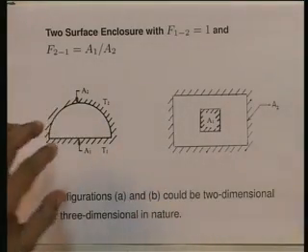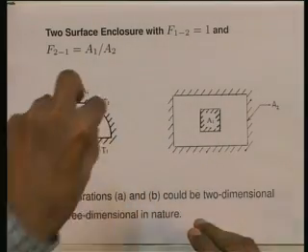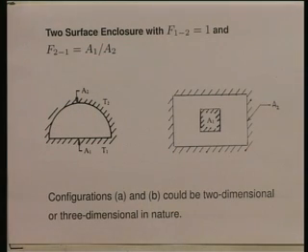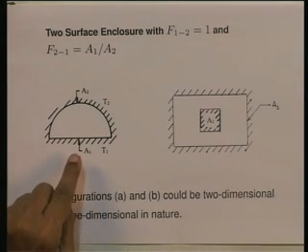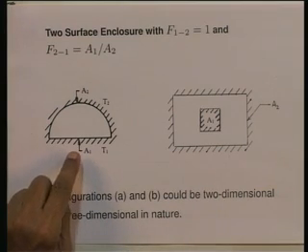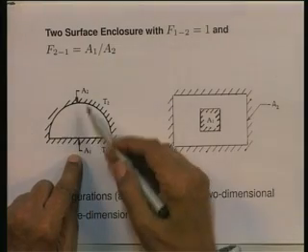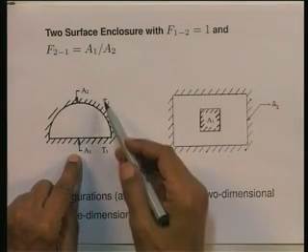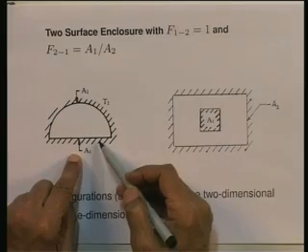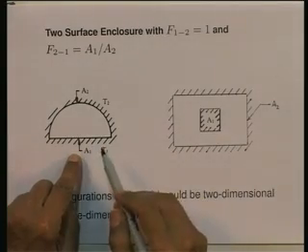This could be a long semicircular space like this. Now, in this case, F1-2 is 1, because all the radiation from the flat surface 1 has to go to 2, and F2-1 is going to be A1 upon A2. Therefore, the expression we just derived is valid.